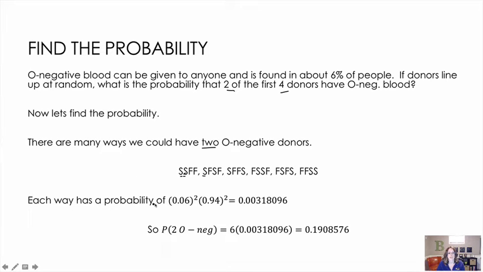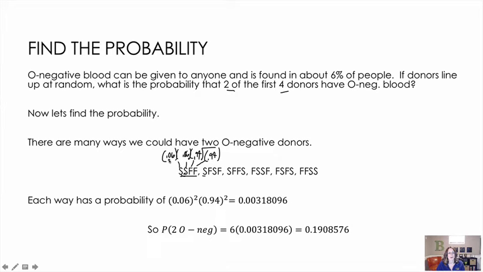Each of those ways has a probability of 0.06 squared times 0.94 squared. Now, before we talk anymore, where did I come up with that? Well, this one, success, remember that's O negative blood, that's the 0.06. This is also 0.06. This failure is 0.94, and this failure is 0.94. So there's 2 0.06s, and again, these are all events that I would be multiplying.